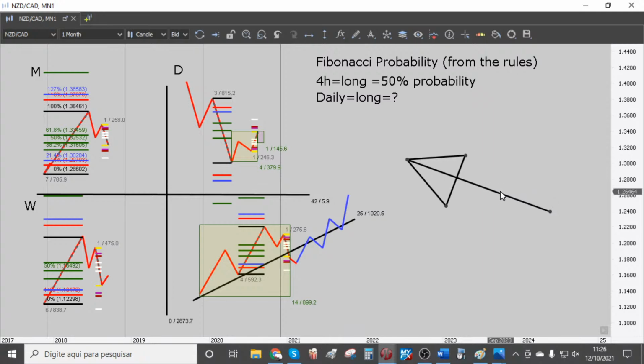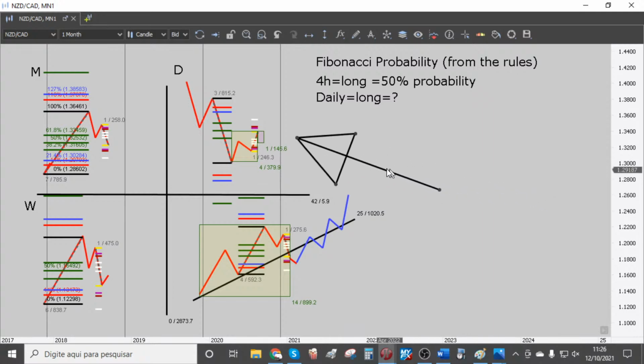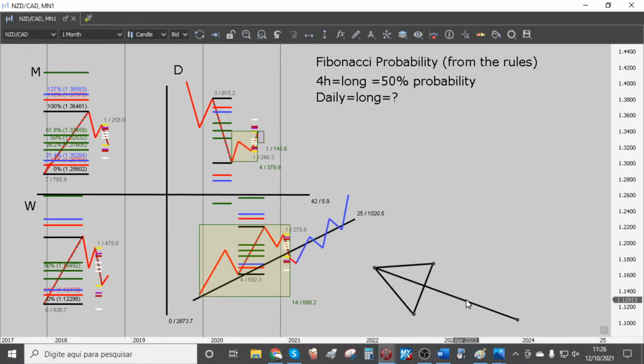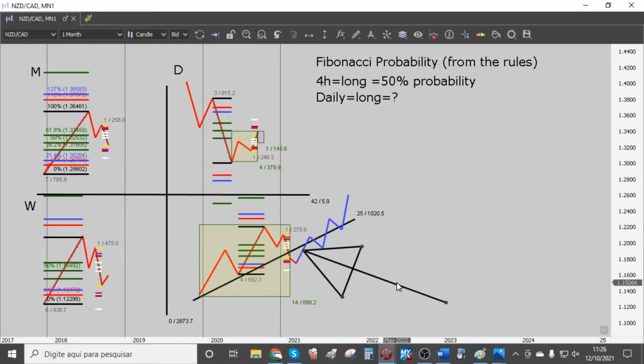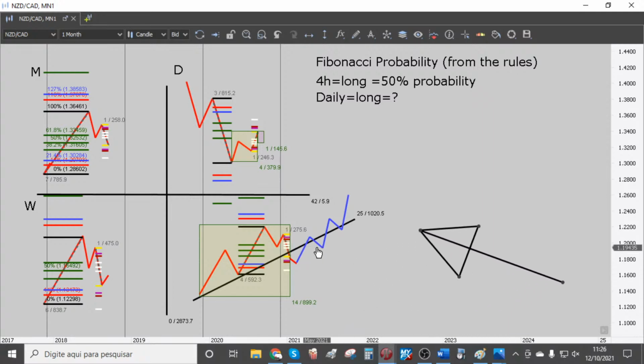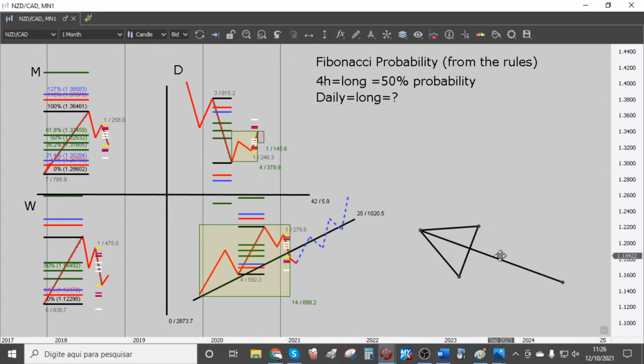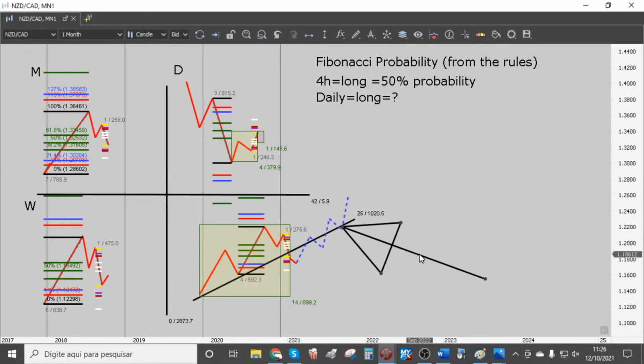Okay? So, one more time. The higher time frame controls the smaller time frame. Yes, sir. But we are trading the 4-hour chart, and we are projecting that the blue dotted line is going to happen. This is our projection. We addressed the Fibonacci.